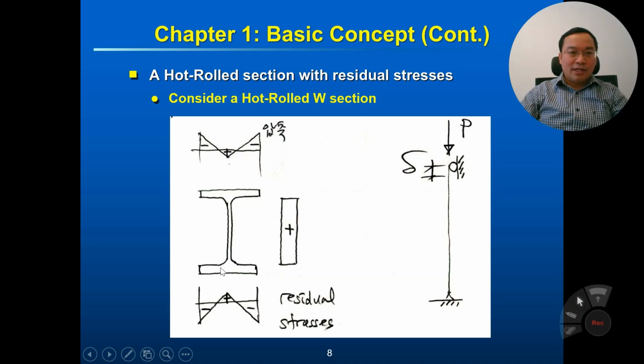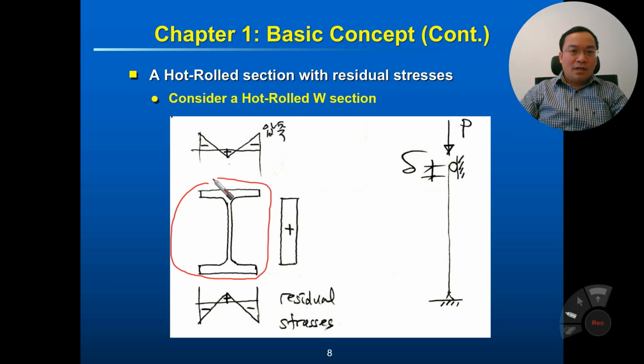In the hot roll section, there is residual stress due to the fabrication procedure. It means without any load application, no load, but there is residual stress inside the section.